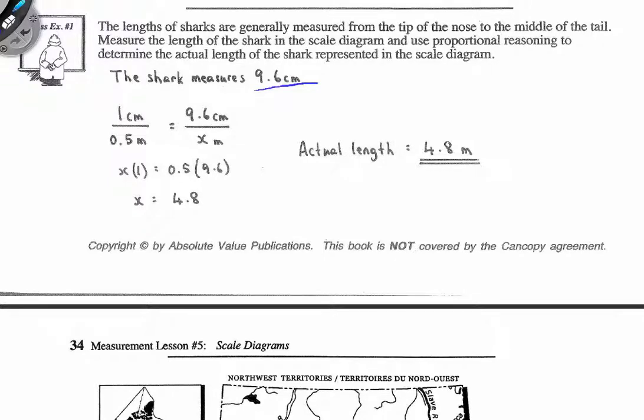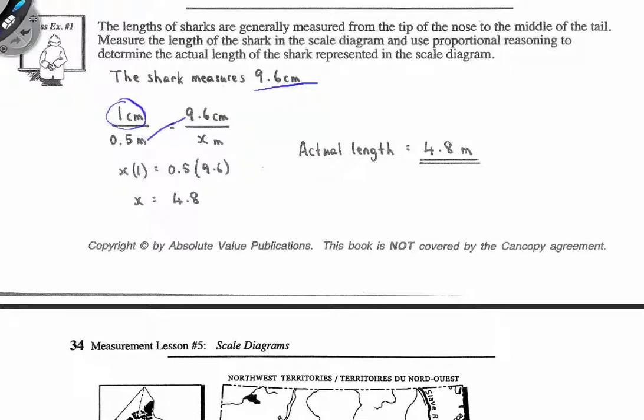So for proportional representation, we need an equivalent fraction. We have 9.6 centimeters in the diagram. X is the actual length of the shark in real life in meters. So centimeters, centimeters, meters, meters. Set it up with the same units. We can do the crisscross: 0.5 times 9.6 divided by a spare number equals x.